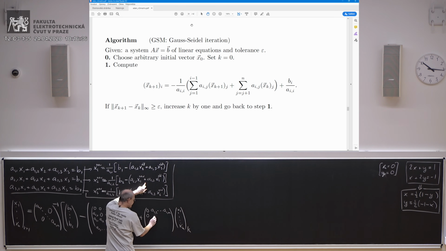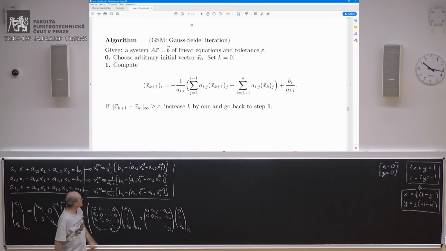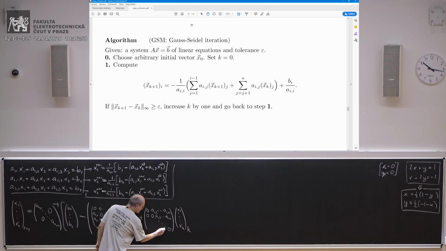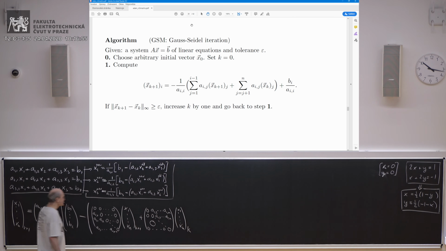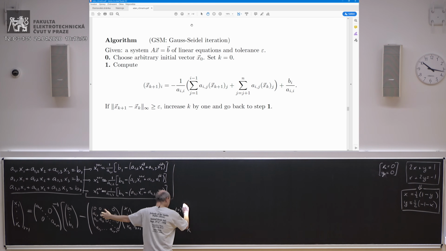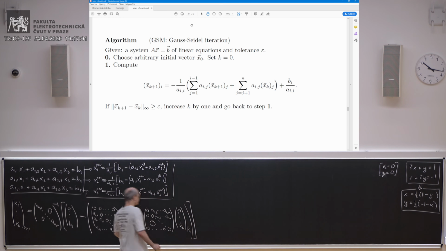The diagonal term is skipped, 0 here. And then there will be a23 through a2n, and so on. And we can see the pattern developing here. In the last row, I am not using the old version at all. And I should close this bracket and this bracket.